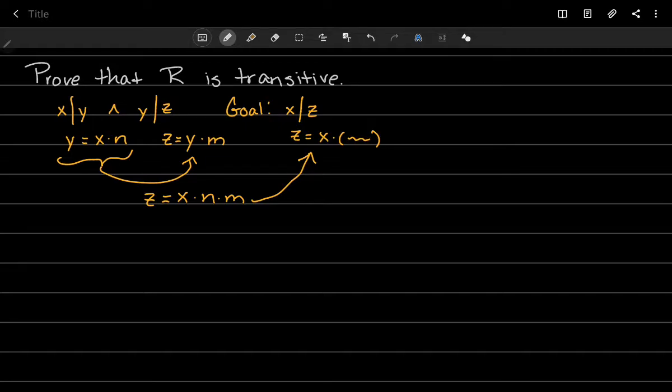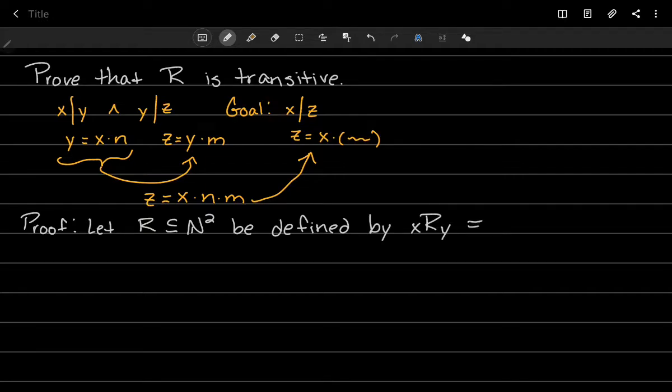So here we go. Proof. So we've got to put all our front matter. Let R, a subset of N squared, be defined by x R y if and only if x divides y. Okay. Now we can start on what we want.